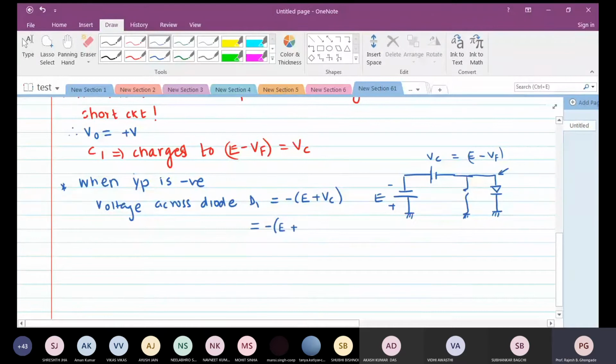E plus what was VC? E minus VF. If you simplify this, the output voltage is now minus 2E minus VF.